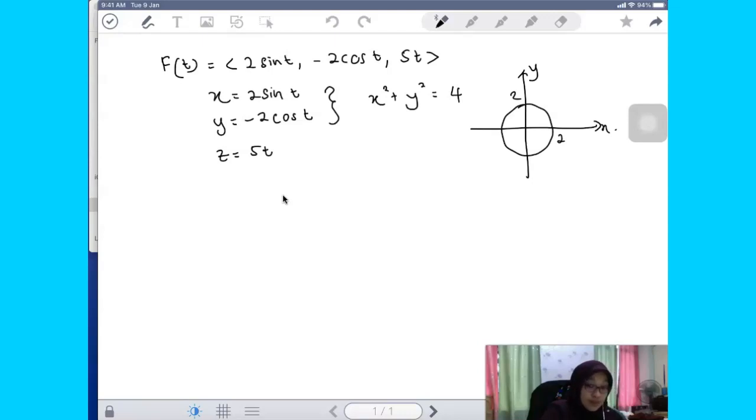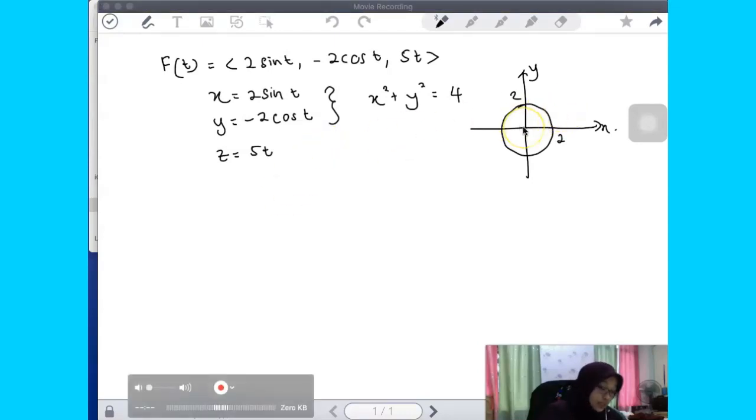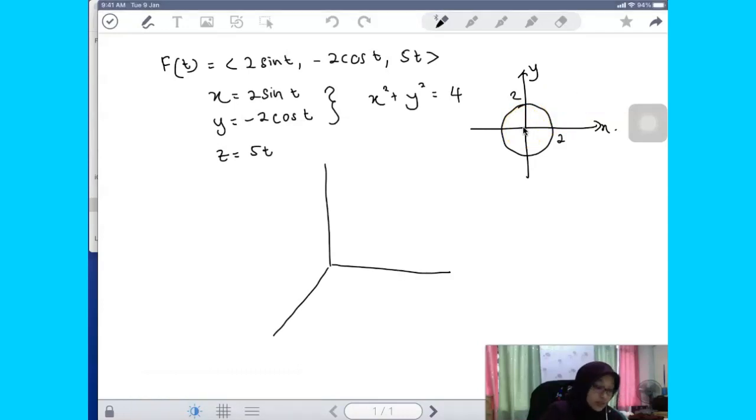But when you convert into 3D, it is no longer always a circle, because you have a fixed z before, but now you have a different z. So how can we sketch that?